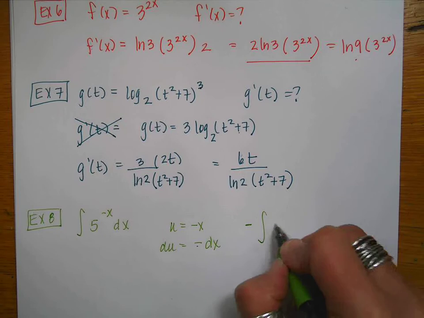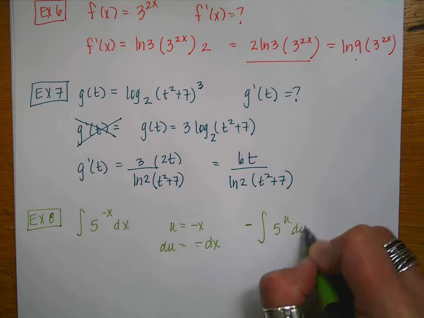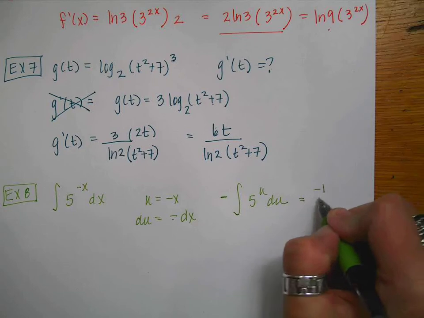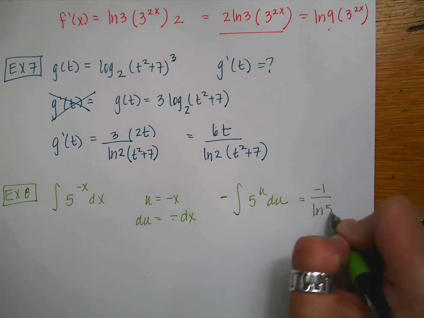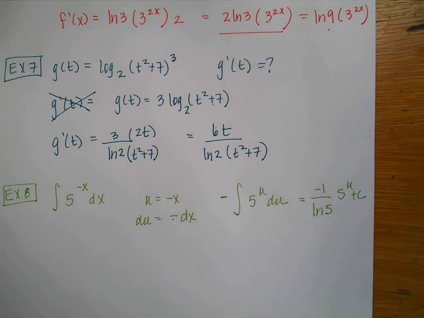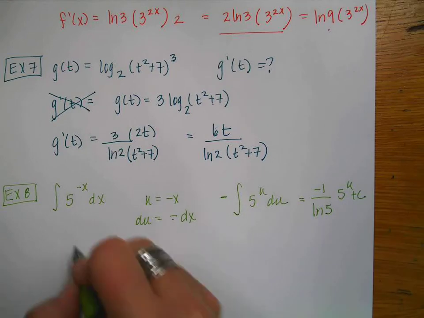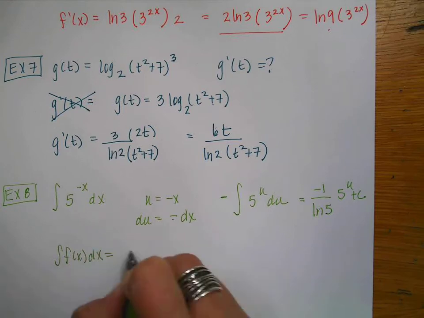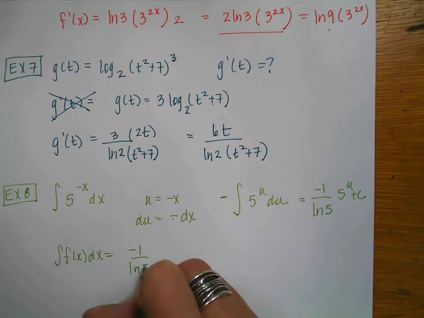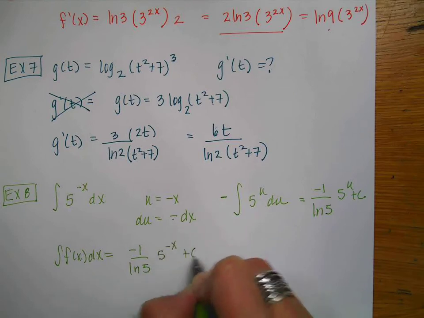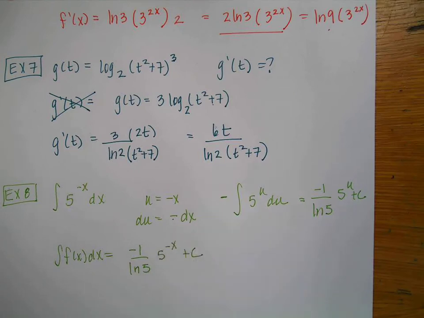I need to introduce the negative, so I'm going to make a negative integral 5 to the u du, and this is going to equal, here's the negative, and then I have 1 over the natural log of 5 times 5 to the u plus c, and then I would report my answer well, so I would say the integral of f of x dx is a negative 1 over the natural log of 5 times 5 to the negative x plus c.